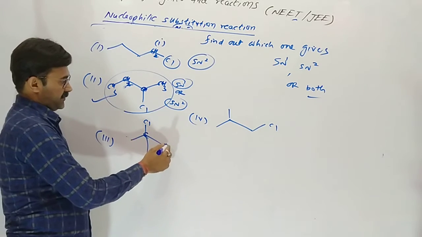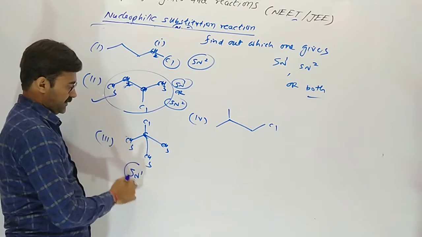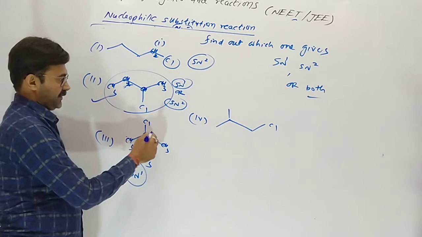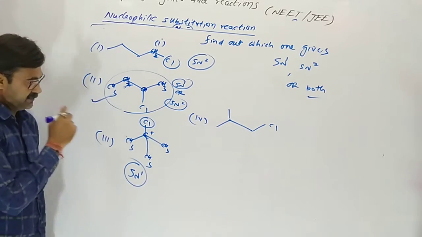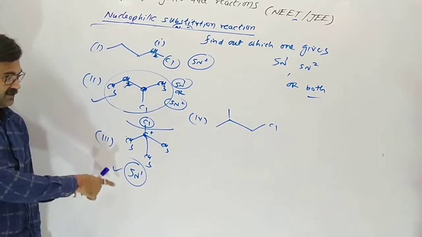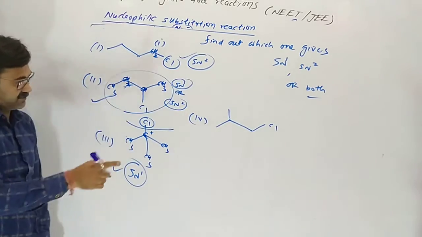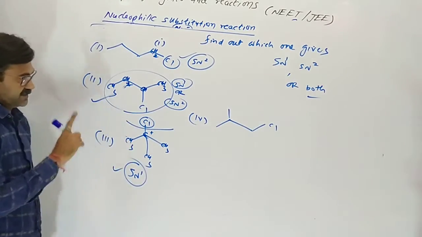In the case of tertiary, obviously it gives SN1. Here the carbocation is tertiary, more stable. So easily chlorine removes and easily OH attacks, occurring in 2 steps. So it gives SN1. Primary carbocation gives SN2. Tertiary carbocation gives SN1.